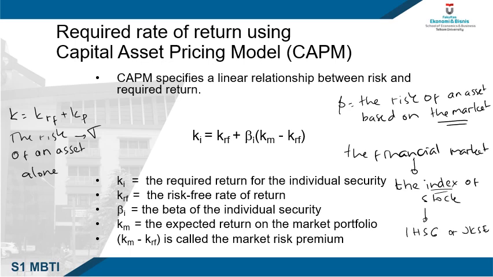Okay, back again here. I'm talking about beta, the risk. So CAPM specifies a linear relationship between risk and required return. In our previous model, we just said that K does not depend on the risk.